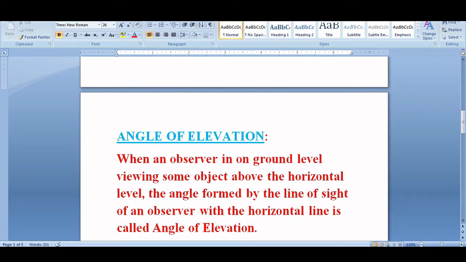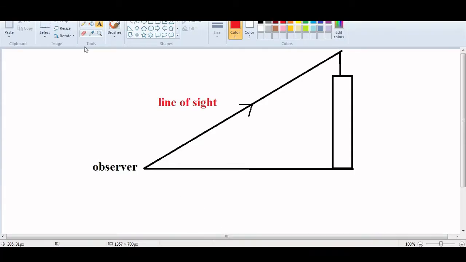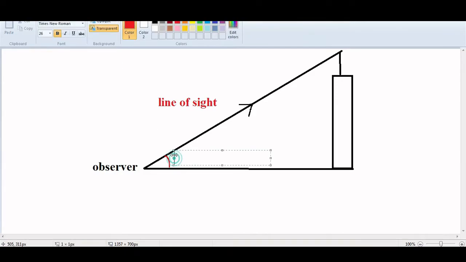I'll explain with the diagram. In our previous diagram, this is the line of sight, and the observer is in the ground position. The angle formed by the line of sight with the horizontal level, which is our ground level, is the angle of elevation.